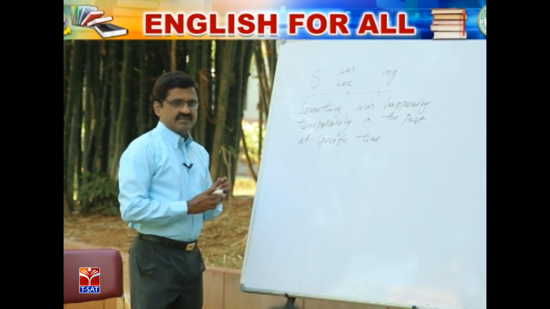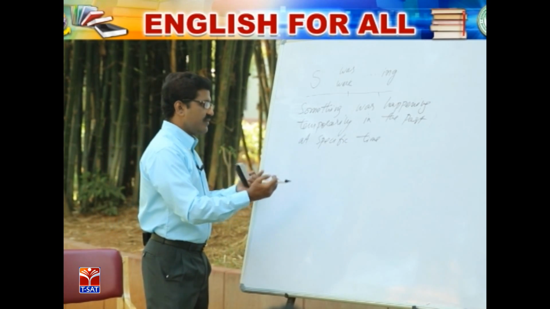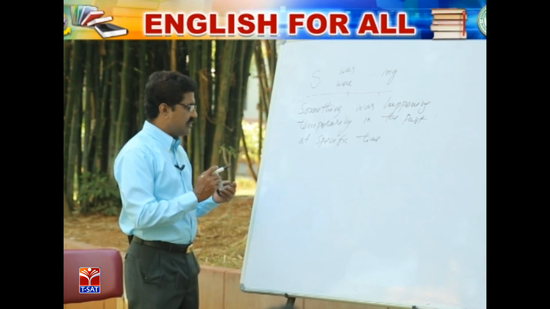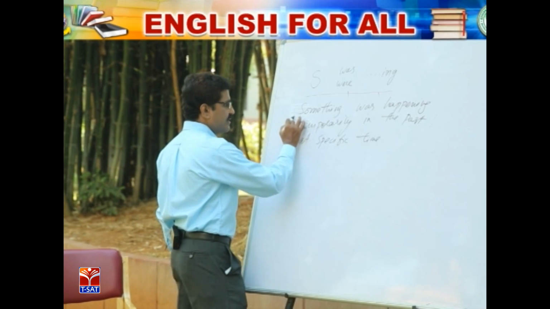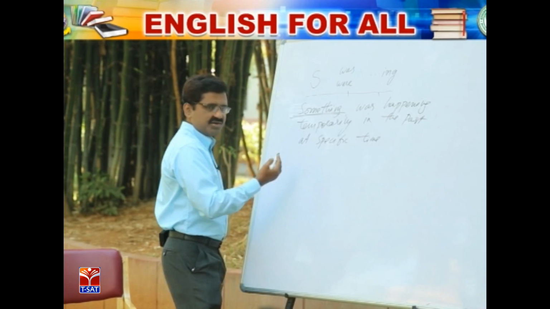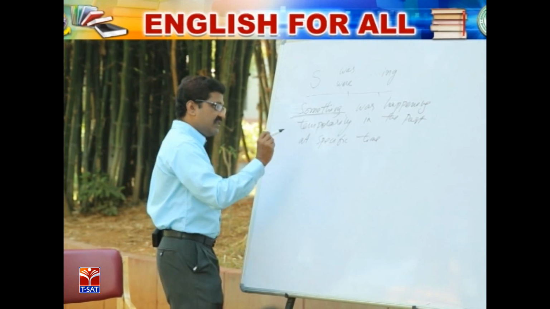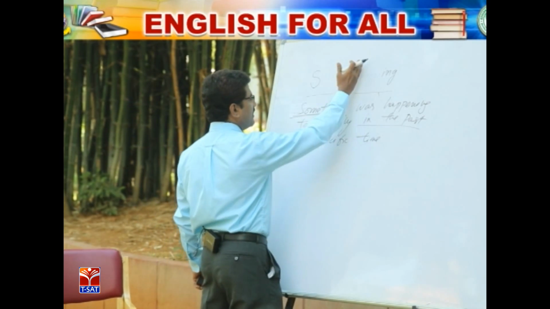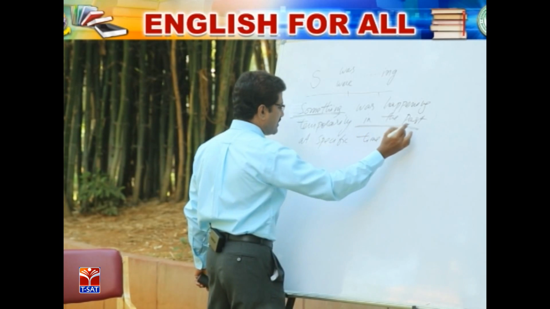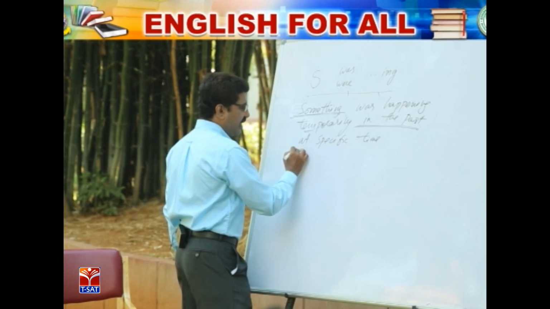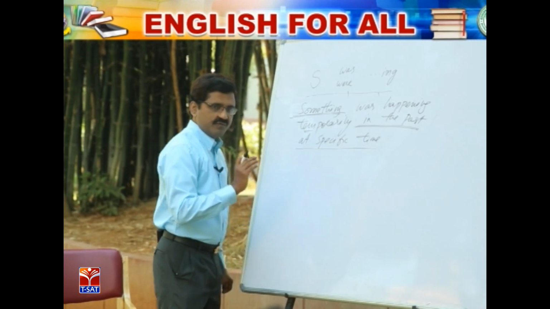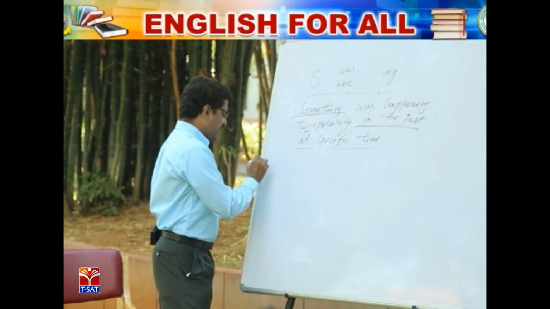So we use this to talk about some action which was happening temporarily in the past at specific time. Something meaning some action was happening in the past. Naturally, we are learning past continuous, so it was happening in the past temporarily at specific time. For example, look at this sentence.